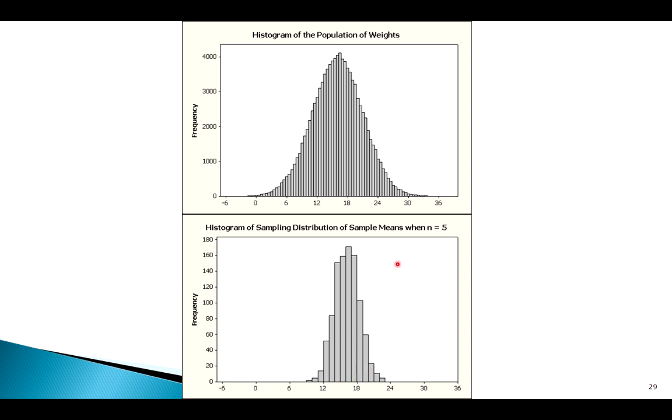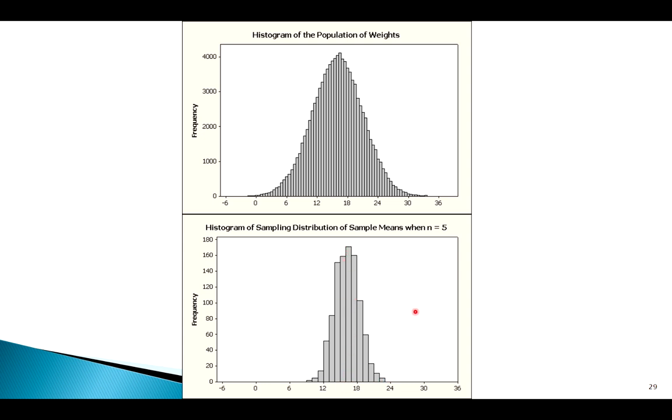First, the shape. It looks pretty normal. What does the center seem to be? We know the center of this population was about 16, and I think it's safe to say this center looks to be about 16.